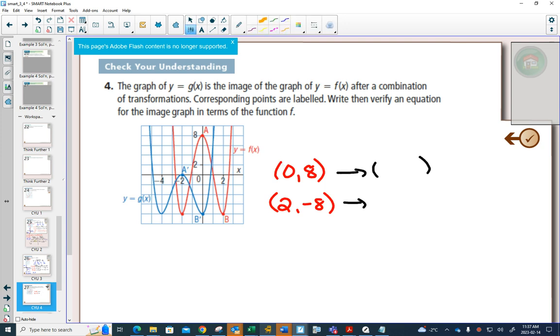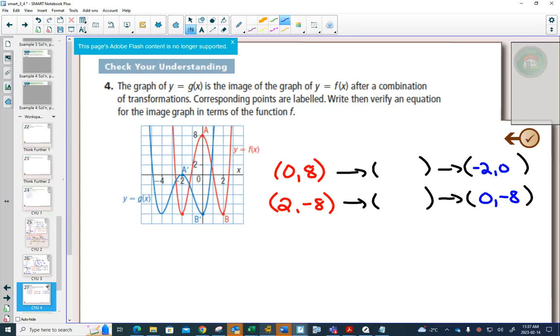You would have had your equation, and on your equation you would have been able to label what your stretches, compressions, reflections, and translations would all be, and then you would have said that the points (0, 8) and (2, -8) ended up going to (-2, 0) and (0, -8). And then you would have been able to graph the blue equation. You might have even done more points than this.